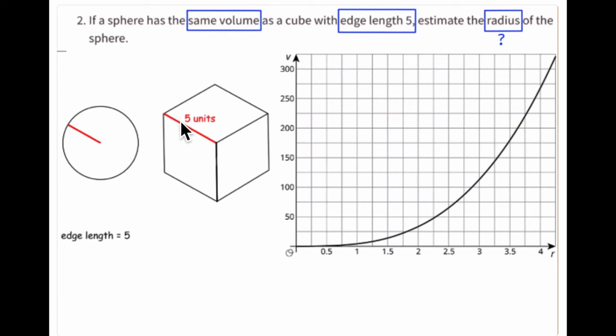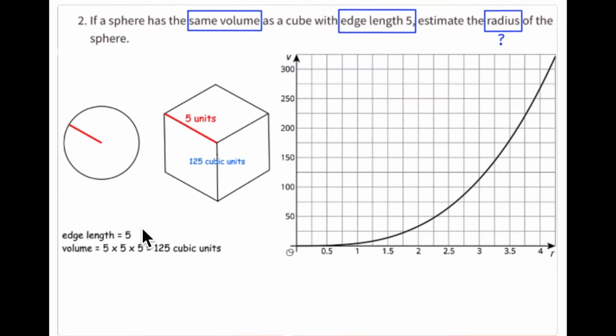The edge length of this cube is 5 units. The two volumes are the same. So what's the radius of this sphere? Well, if we know the edge length, then we can calculate the volume of this cube. It's 5 cubed. 5 times 5 times 5 equals 125 cubic units.